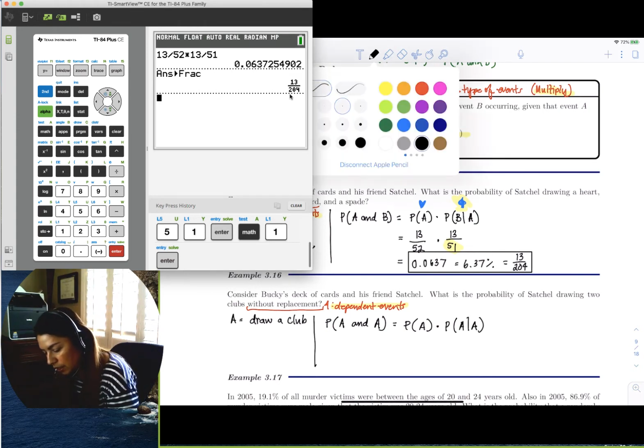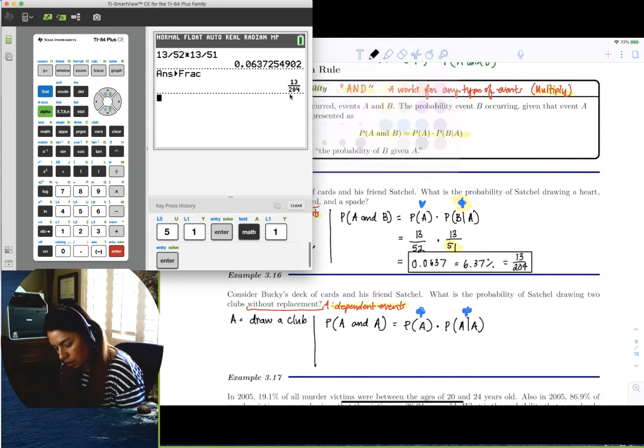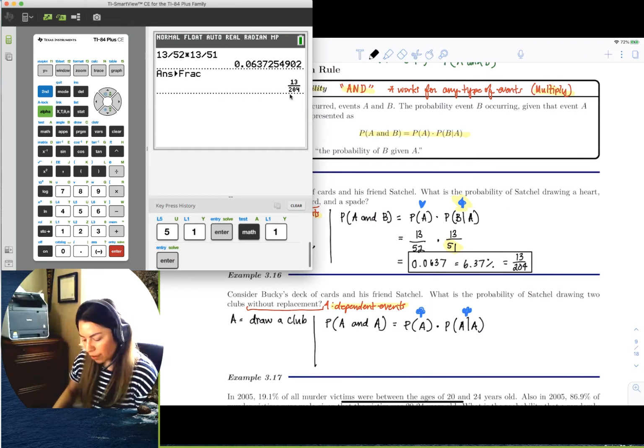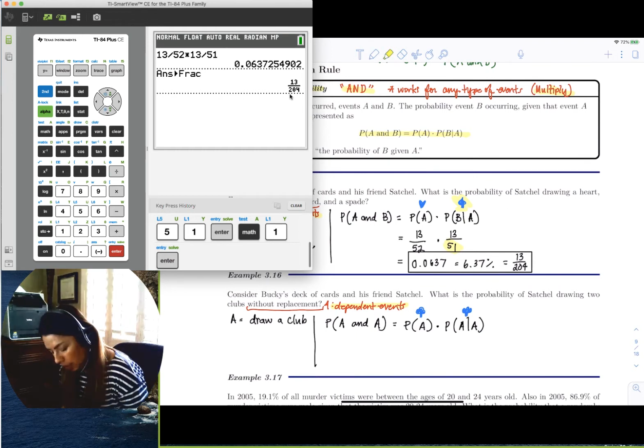So this is, oh, I'm not good at drawing, but I'll try. There's the club. They just look like a tree now. Okay, now if I wanted to highlight that dependent events means that this second probability will be different.